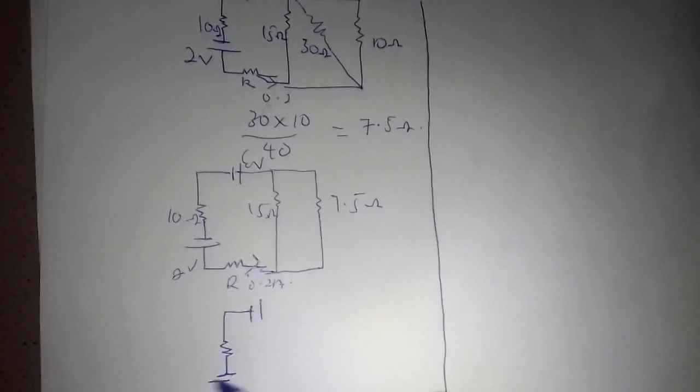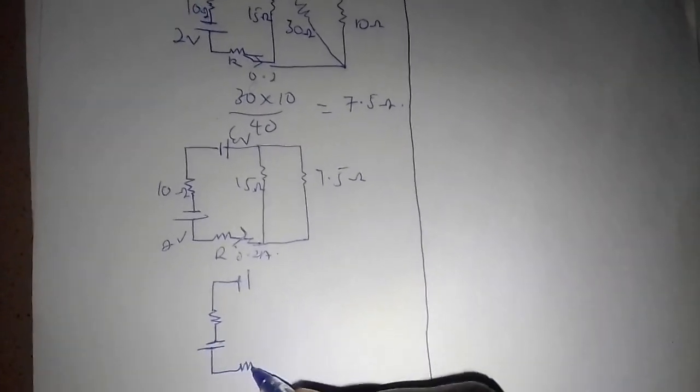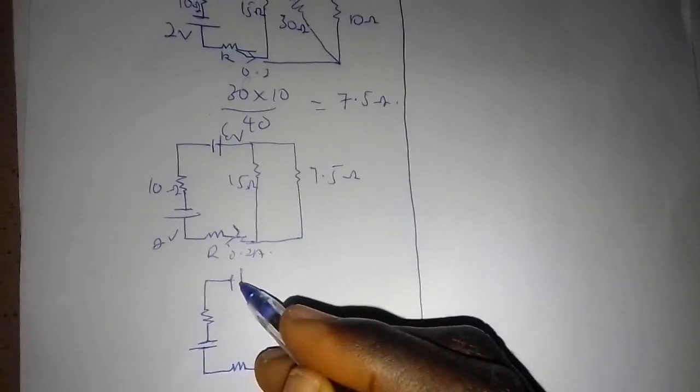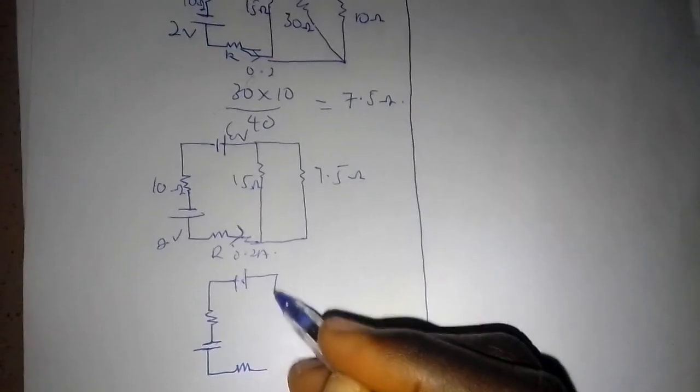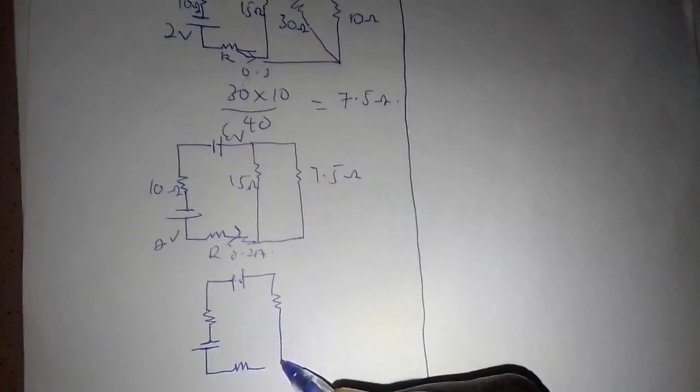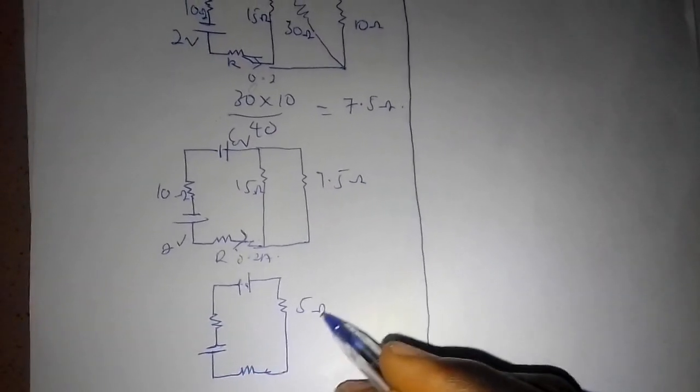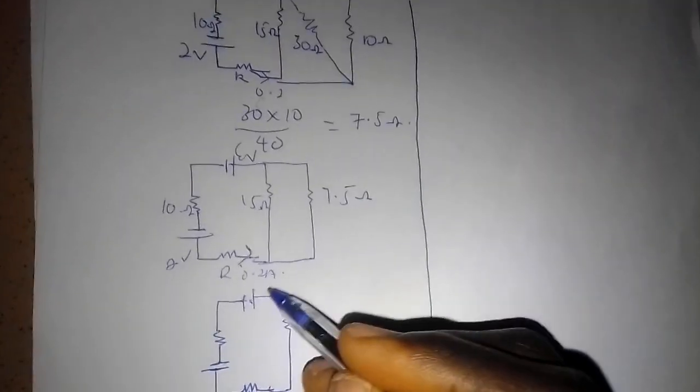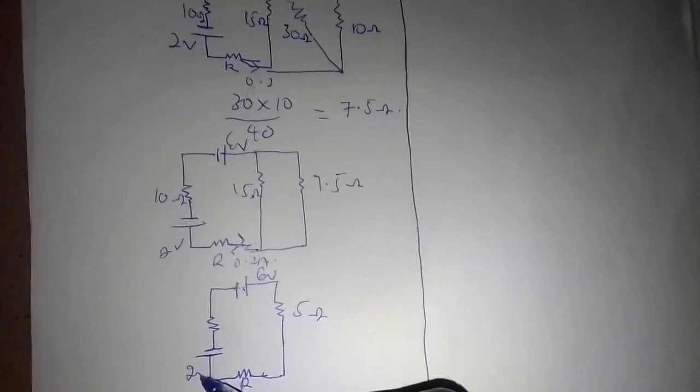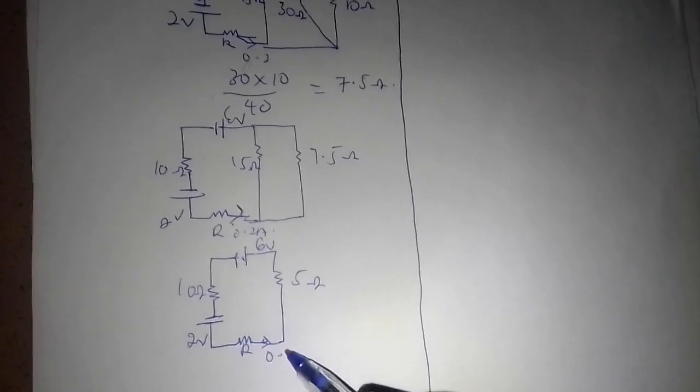So getting 5 there, my circuit comes back to this. I'm getting 5 ohms here, my R, my 6 volts, my 2 volts, my 10 ohms, then my total 0.2 amperes.